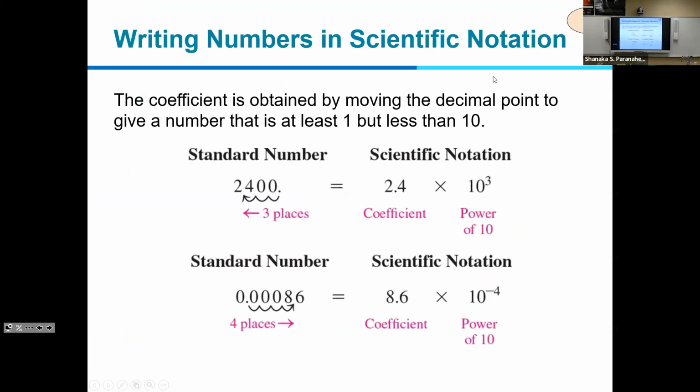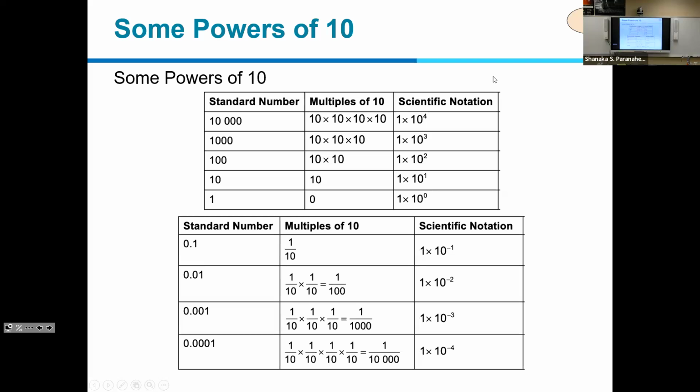So there are more examples on my slides. This is what I explained earlier when we went over the place values. So 10,000, 10 times, there are 4 times to multiply. So the scientific notation of that value is the power 4. You can use this information to convert a scientific number back to standard form.